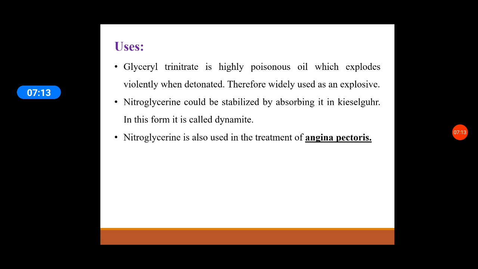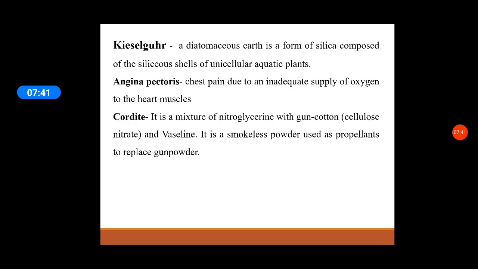It is a highly poisonous oil and explodes violently when detonated. At high temperature, it explodes violently. Therefore, it should be stabilized at lower temperatures. Nitroglycerin can be stabilized by absorbing it in Kieselguhr. So what is Kieselguhr? It is diatomaceous earth.